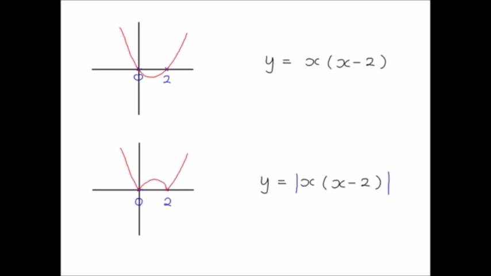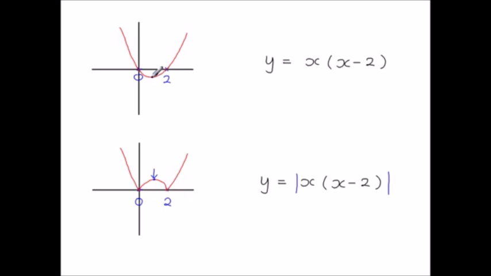Let's say that you want to work out the y-coordinate of this point right here. And this point is a maximum on this part of the curve. If you look at the original graph, this point here would have been down here, the vertex.